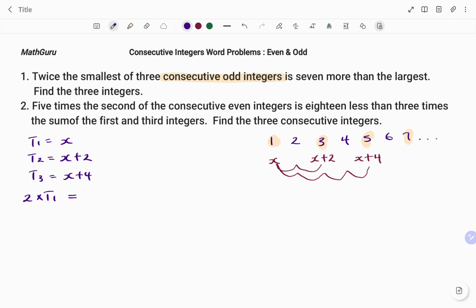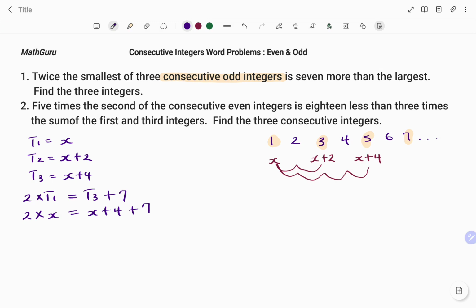The largest is t3, so I'm going to add 7 to that. If I rewrite my equation, I have 2 times t1, which is 2x, equals t3. t3 is x plus 4, plus 7, because we've been told that it's 7 more.